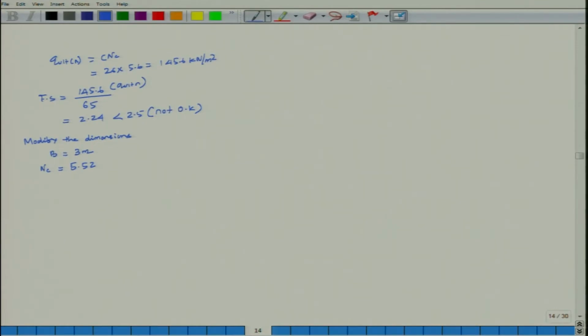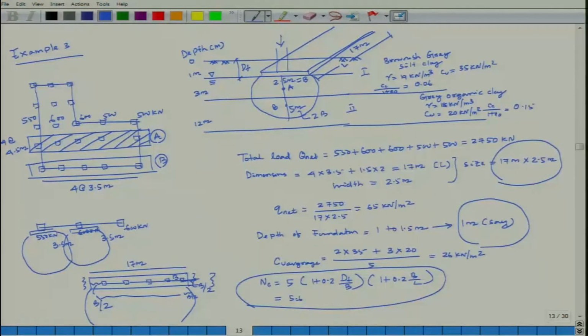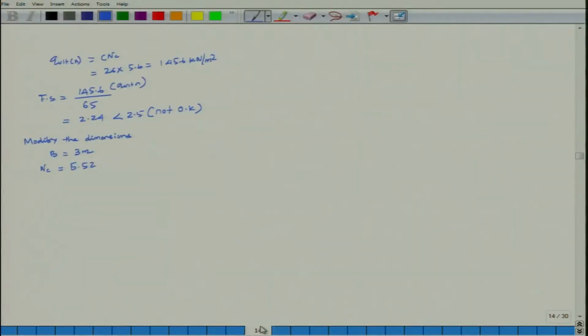right. Then Cu average has to be changed, because once it is 3 meter, then it will become 6 meter, 2, 4. Then Cu average is 2 into 35 plus 4 into 20 divided by 6, which is equal to 25 kilonewton per meter square.